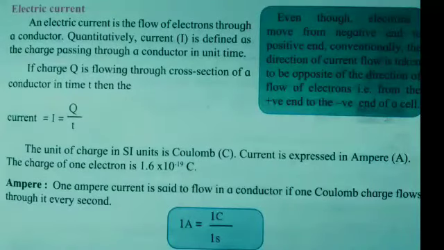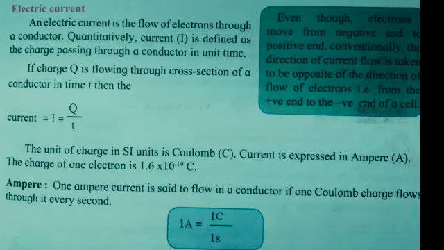Quantitatively, current I is defined as the charge passing through a conductor in unit time. If charge Q is flowing through the cross-section of a conductor in time t, then current I is equal to Q upon t.